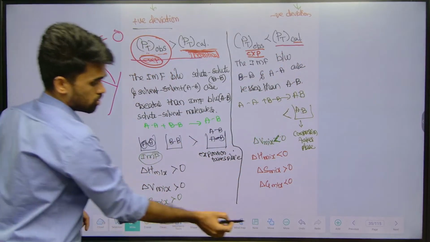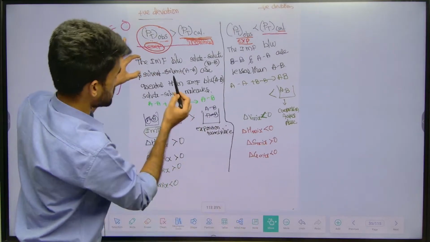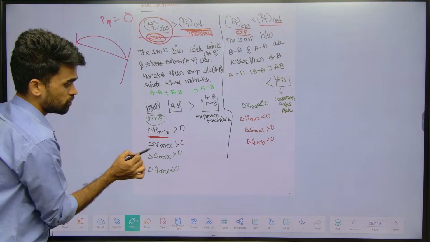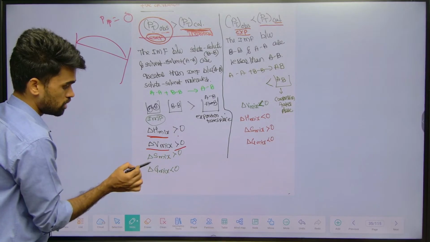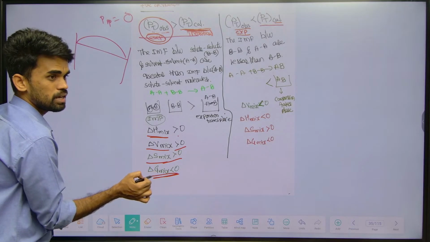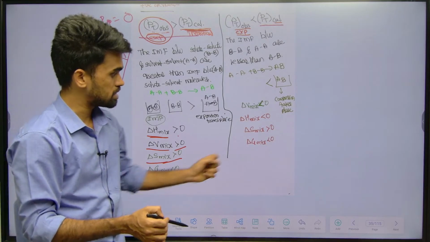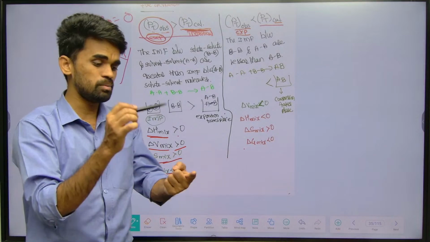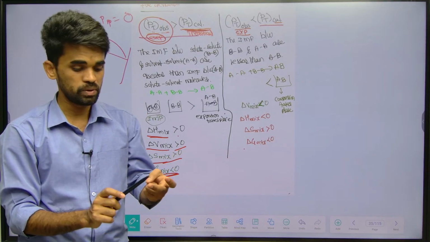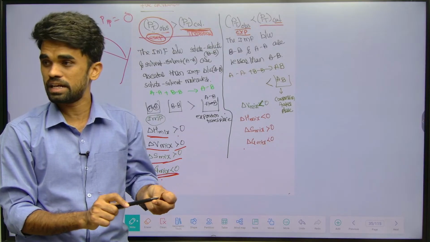Okay, so now what are the conditions for positive deviations? I told you enthalpy change greater than 0, V mix also greater than 0, delta S mix also greater than 0, but delta G mix should be negative. Delta G mix is negative for all the processes, can be ideal or non-ideal. Delta G should be negative, because it represents the spontaneity of a process.